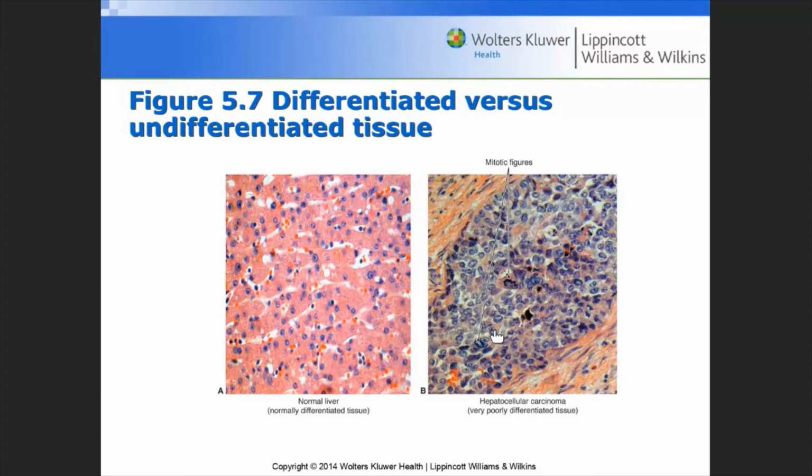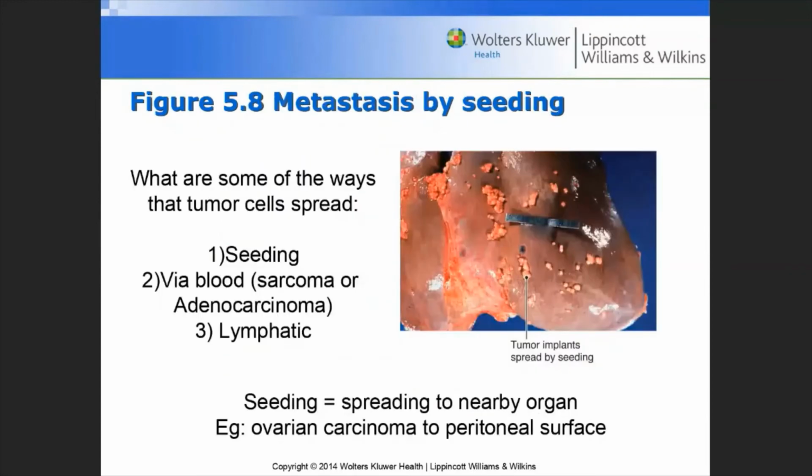When you see a lesion, you have to make sure whether it is a metastatic cell that goes to the liver. Keep in mind that differentiated cells are easier to treat than undifferentiated cells.